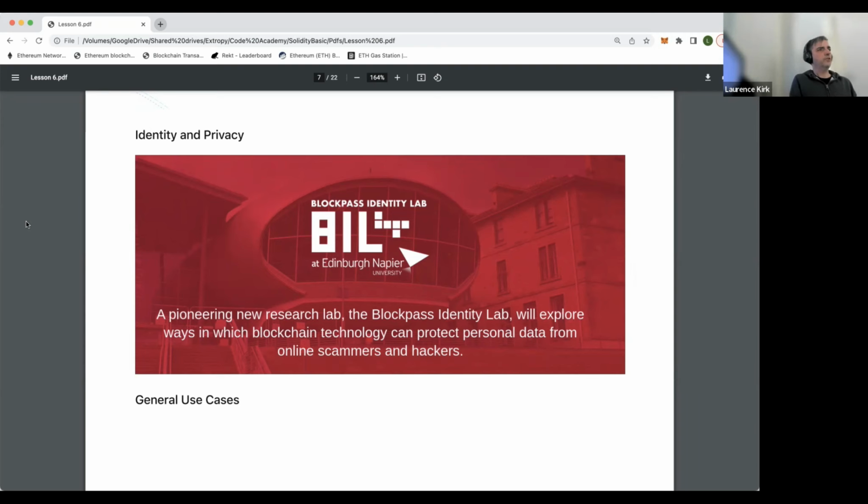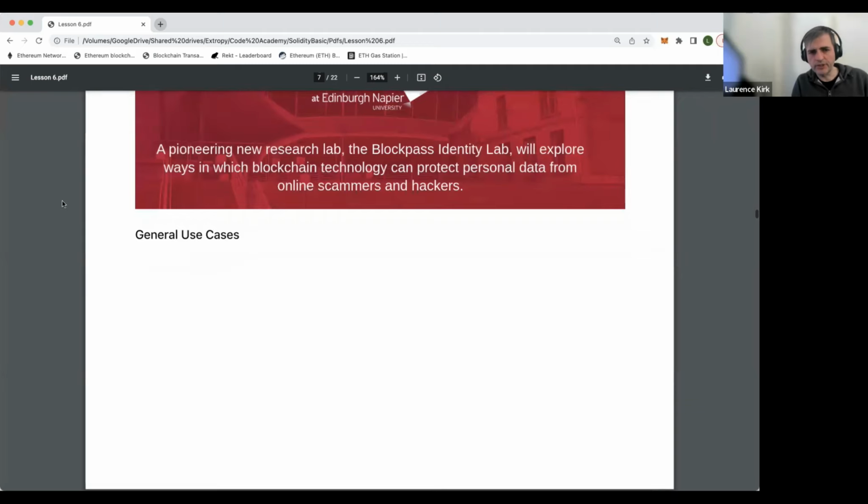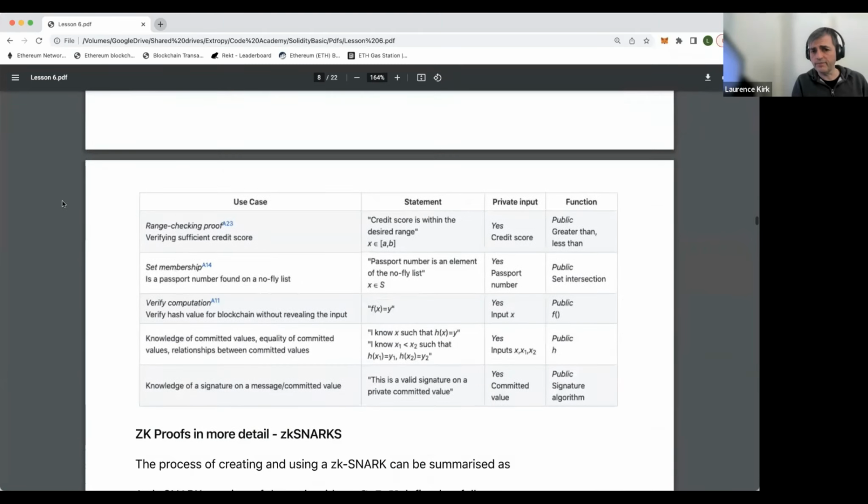You could give out a proof, for example, that you have purchased a coffee, but you don't give away any other information about yourself. Or maybe if you're going to a club, you could prove that you are old enough to go to the club, but you don't give out your date of birth or any other information about yourself. So that's another aspect of how they're being used.